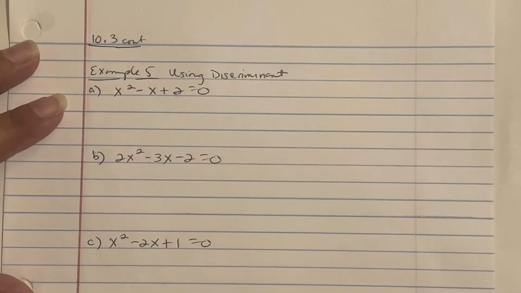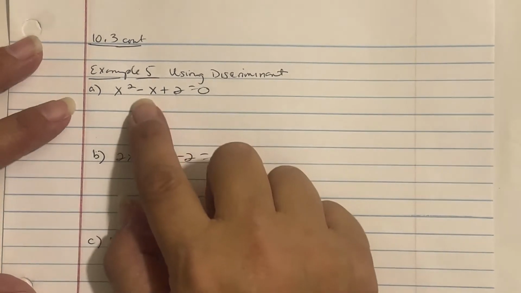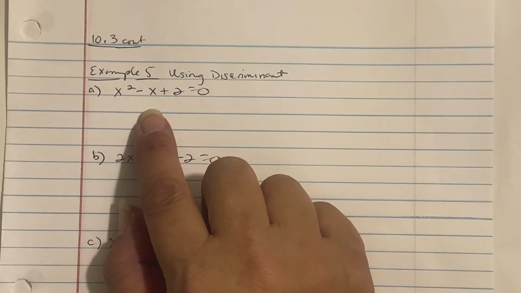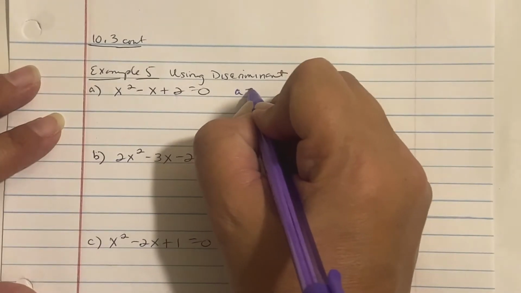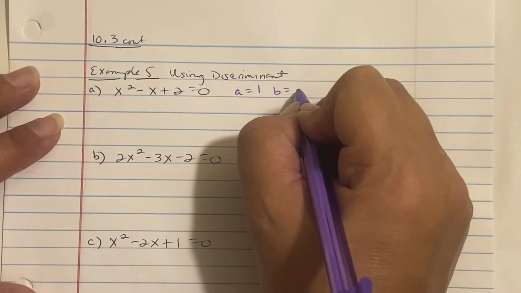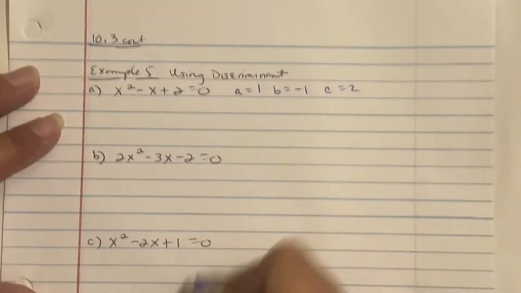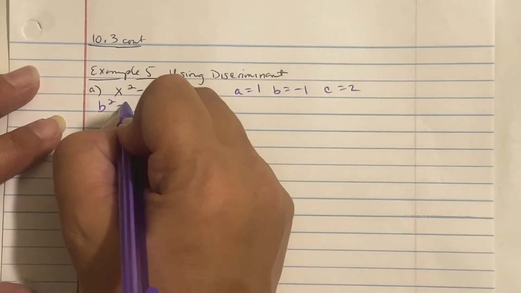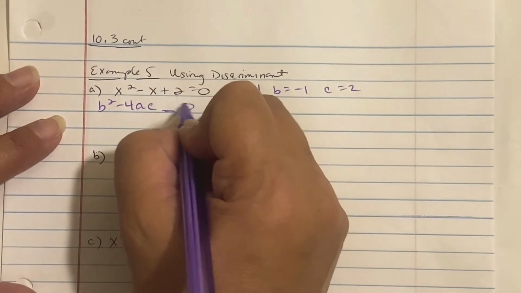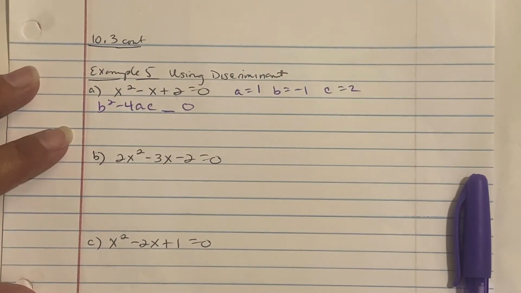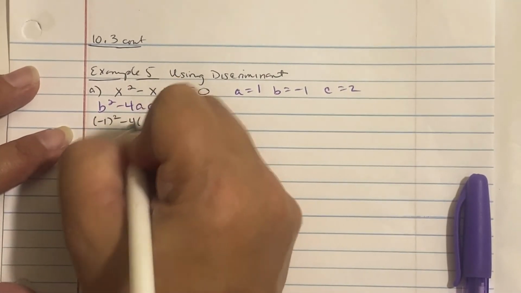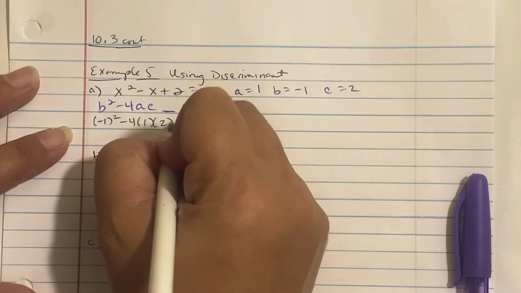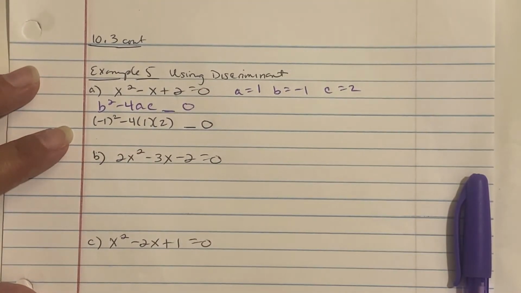So in example 5, using the discriminant, it says x squared minus x plus 2 equals 0. So first thing, remember, we need to identify our A is 1, the B is -1, and the C is 2. So b squared minus 4ac results in what in relation to 0? So we have -1 squared minus 4 times 1 times 2. -1 squared is 1.